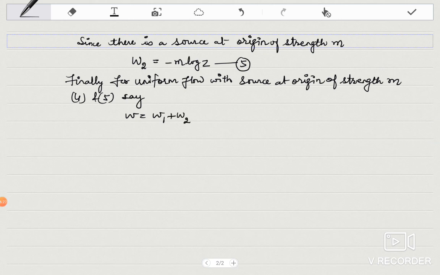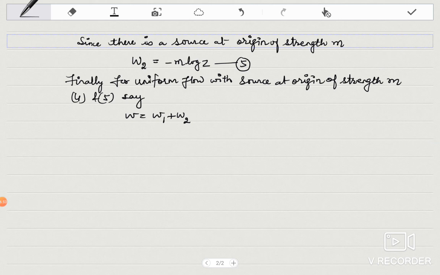In this way, whenever you have a situation in which there is more than one type of flow, like a uniform flow, a sink, a source, a doublet, or any other combination of fluid flows, you derive different complex potentials for the different types of flow.